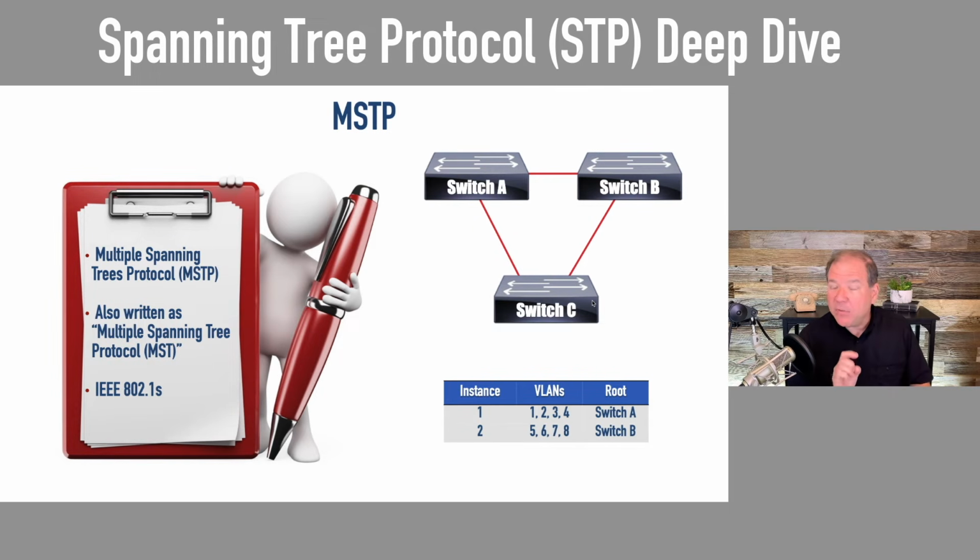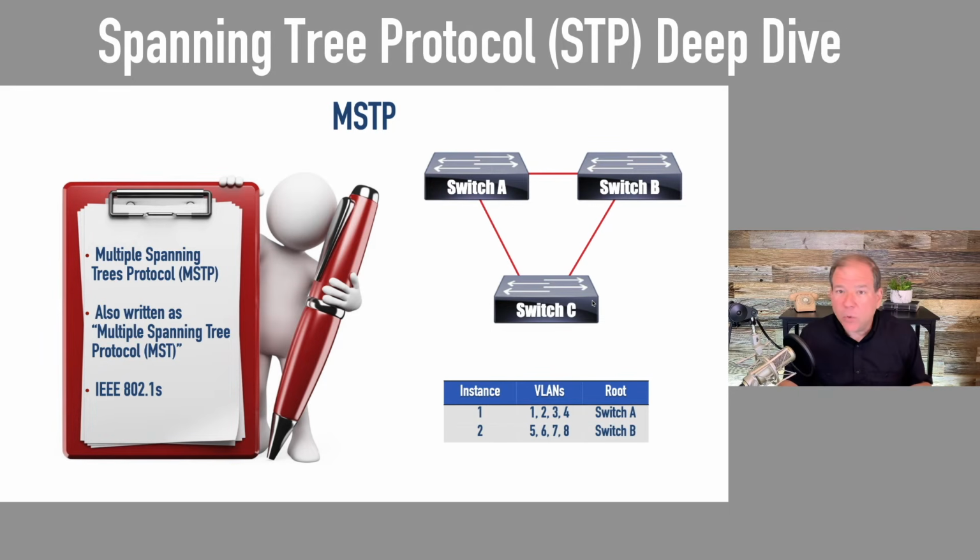And I'm making the observation that VLANs 1, 2, 3, and 4 would benefit from having a root of switch A. So I'm going to put them into instance 1. VLANs 5, 6, 7, and 8 would benefit from pointing to switch B as the root. So I'll put them in instance 2.